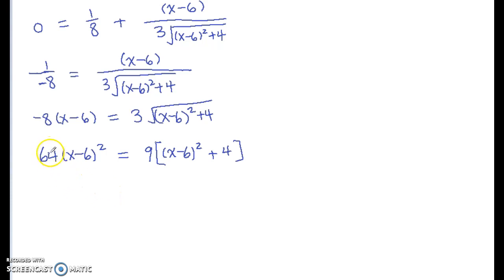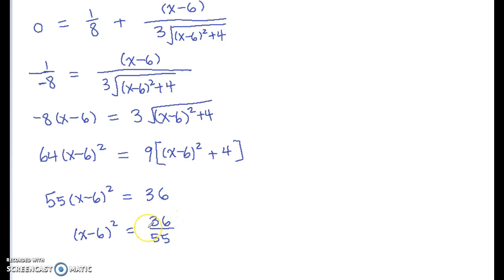Then we see we have 64 (x minus 6) squared on the left side and 9 (x minus 6) squared on the right side. We can subtract 9 of those. We get 55 (x minus 6) squared equals 9 times 4, which is 36. So what it means is (x minus 6) squared equals 36 divided by 55.